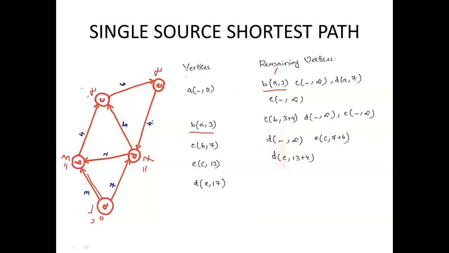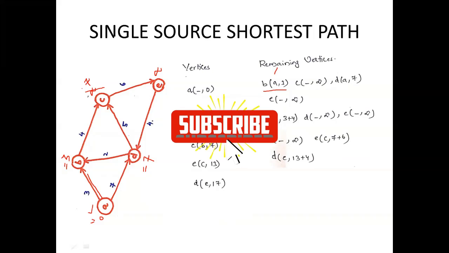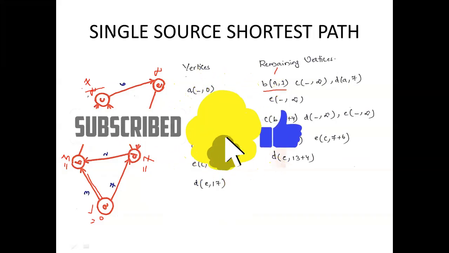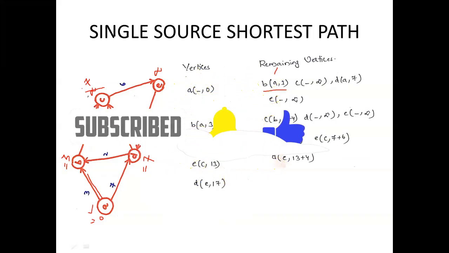So now I'm going to visit from B to C, and here the weight is updated. So now this 3 plus 4 is added, and the infinity is updated with weight 7. Because I have an edge from B to C, I can move.